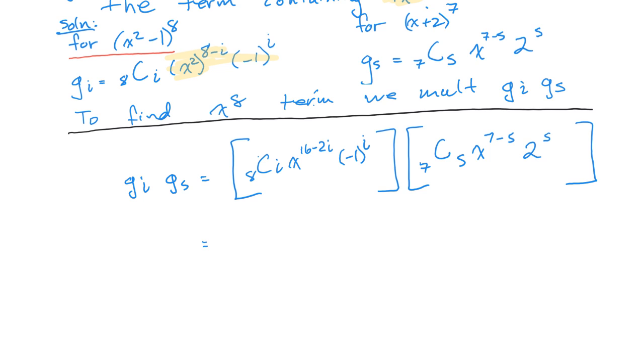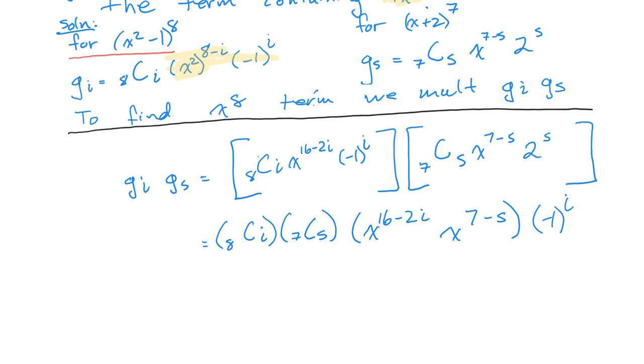So I'm going to have 8 choose i times 7 choose s, times, well, we have x to the 16 minus 2i times x to the 7 minus s. And then we have our numbers, negative 1 to the i and 2 to the s.